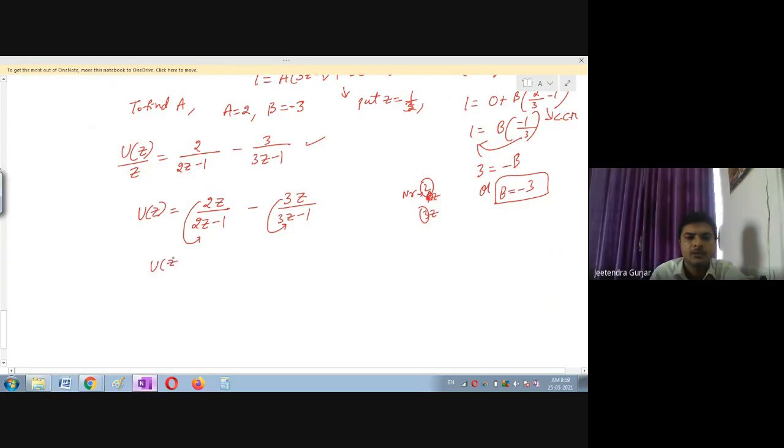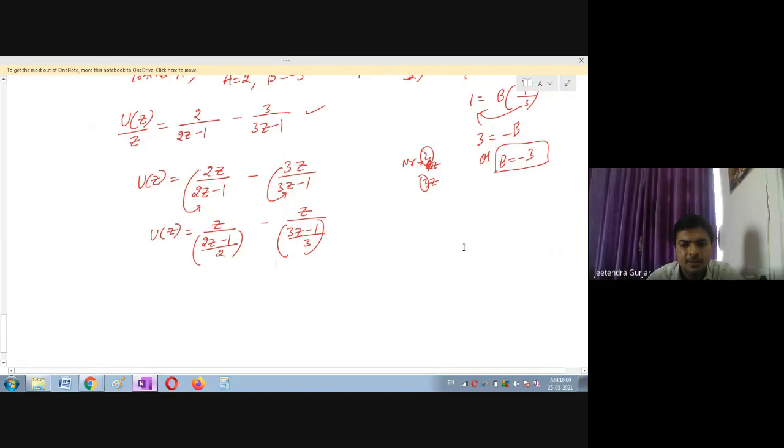So U of Z is equal to Z divided by 2Z minus 1 upon 2, so I have taken 2 in the denominator, minus in the same way Z divided by 3Z minus 1, 3 in the denominator, students. Any doubt in this, students? Why have I taken this 3? Because I want only Z in the numerator. Is it clear? Please ask me, students. Any doubts here? No? Okay.